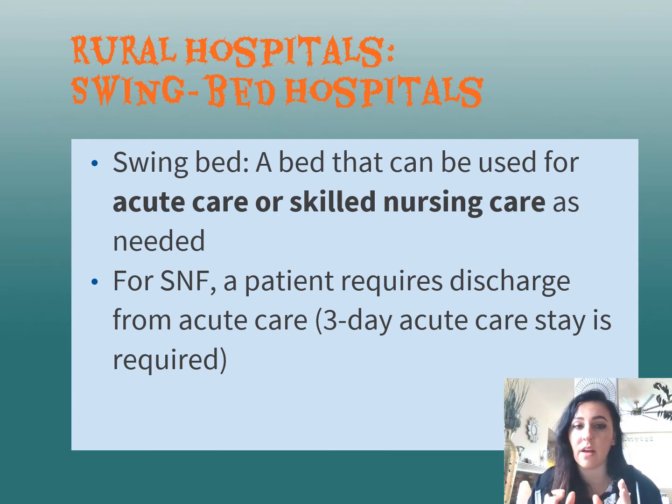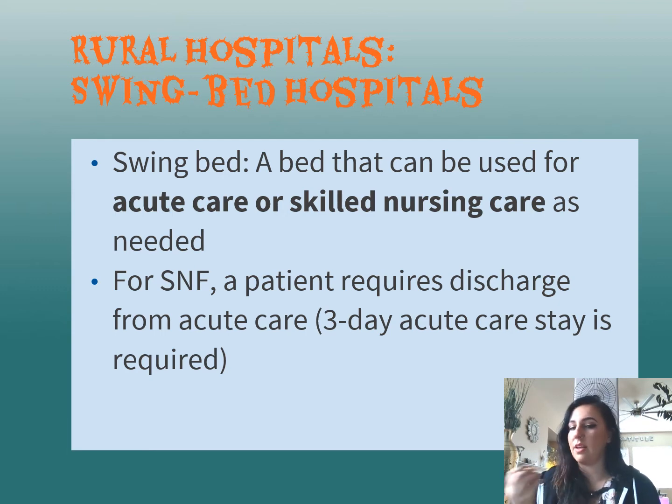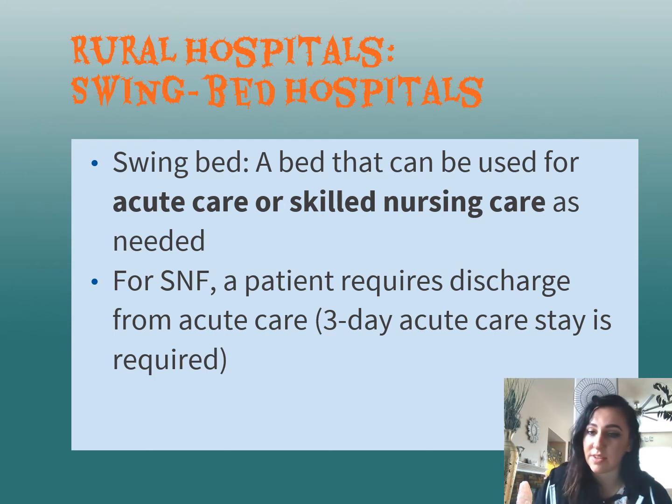Okay, so you can use up to a certain amount of beds in your hospital, and those beds can be used for acute care stuff, you know, patching up wounds, surgery stuff, whatever. They can also be used for skilled nursing care as well.